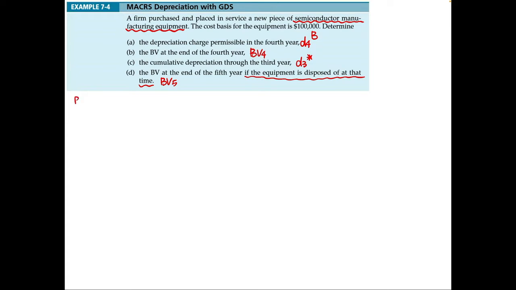So the B is given as 100,000, and the D4, so D4 should be B times R4, right? So in order to determine the R4, we need to first know what is the class of this asset, what is the recovery period, and then we check the table 7-3 for R4.